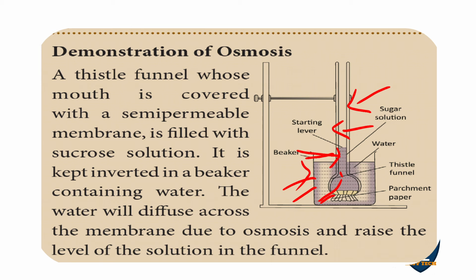So the rise in the level can be seen. If the water was taken inside the funnel and sucrose is outside, the water comes out and the beaker level rises.